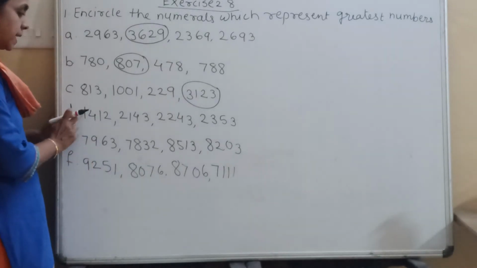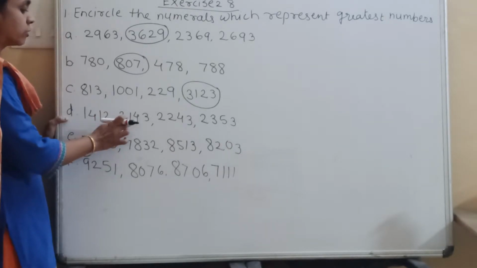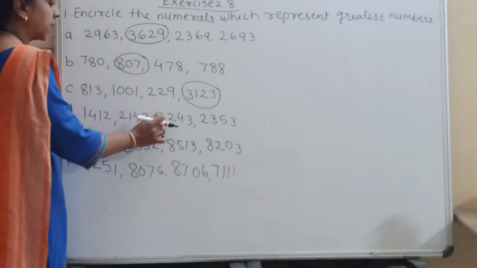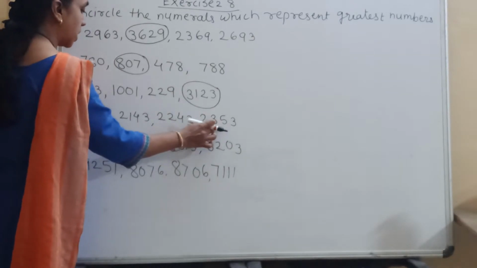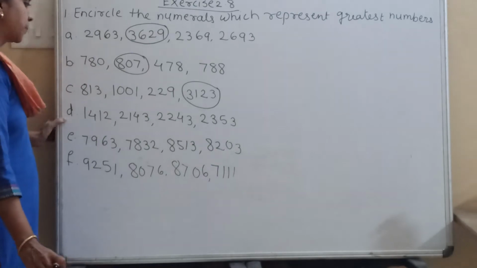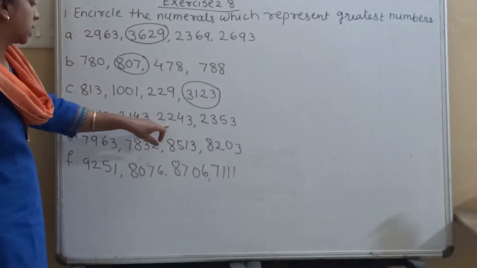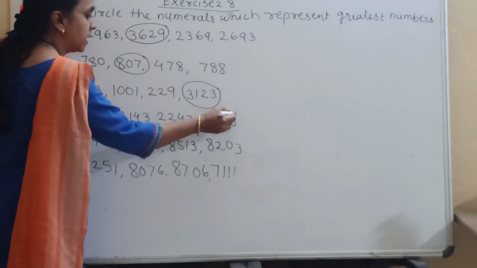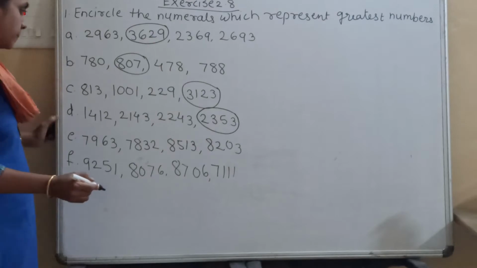Then see the example, 1,412, then 2,143, then 2,243, then 2,353. So among these 4 numbers, 2,353 is the bigger number. So circle this number. Okay.